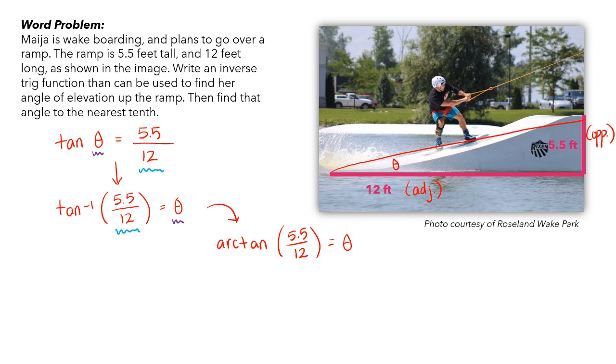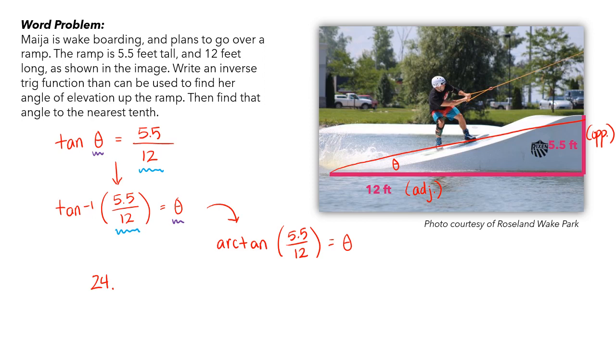And this is really where our calculator is involved. So I'm going to take out my calculator. I'm going to plug in inverse tangent. If you're using your smartphone, you probably would see ATAN to represent arctan, so that means the same thing. So I'm going to plug in 5.5 divided by 12, and what I get is 24.62356, and so on.